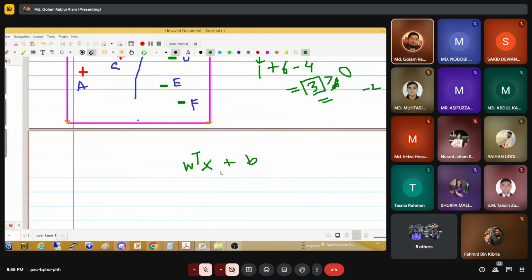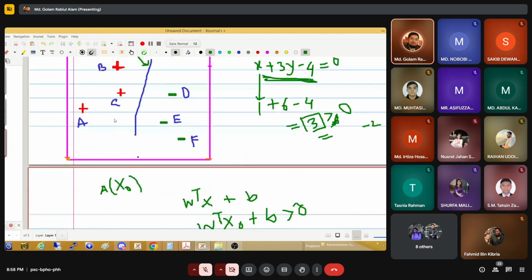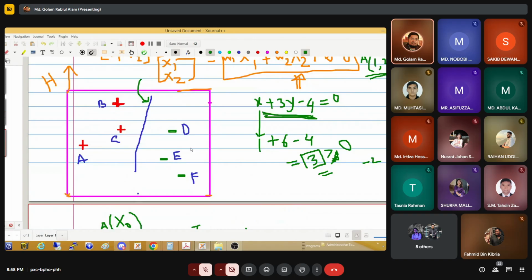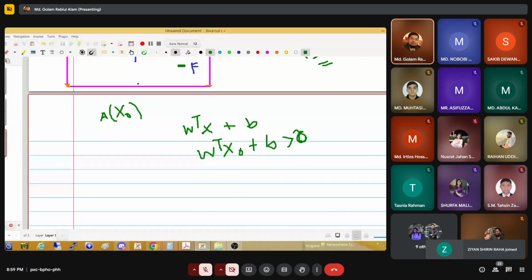And a data point is A. If we consider that the vector for the data point is x0, and we put it here, W transpose x0 plus b, if this value is greater than 0, then it's above the hyperplane. Those above the hyperplane are the positives.